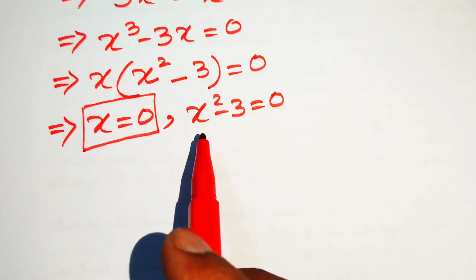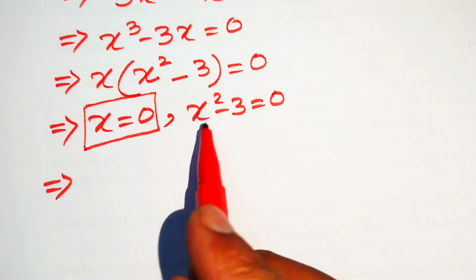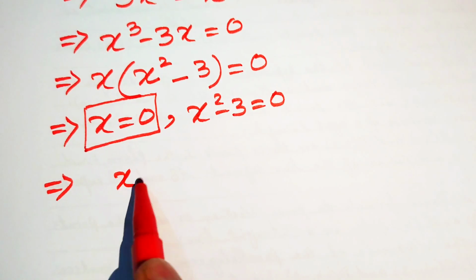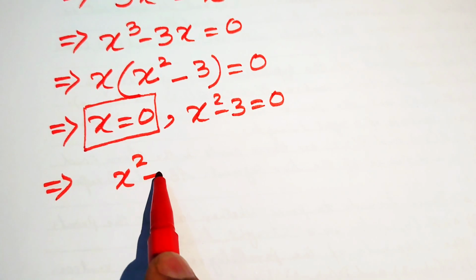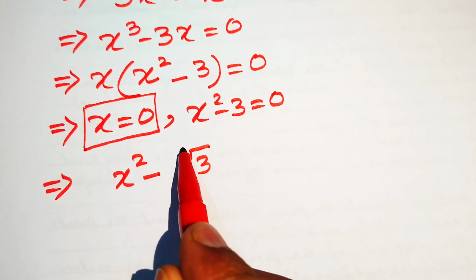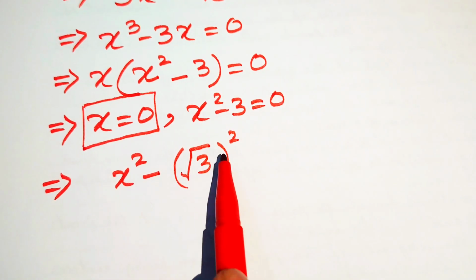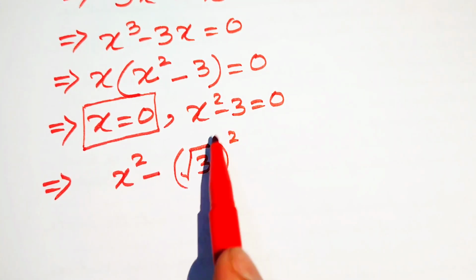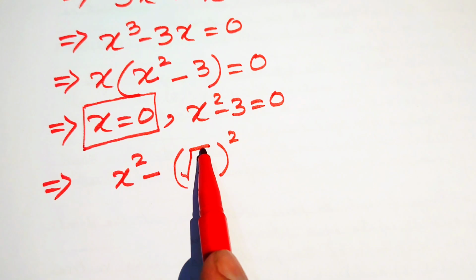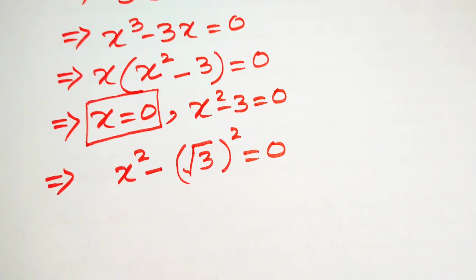Now we have x squared minus 3, and we write this expression as x squared minus, writing this 3 as the square of the square root of 3. If we write 3 in this form, the square and square root cancel each other, and we again get 3.